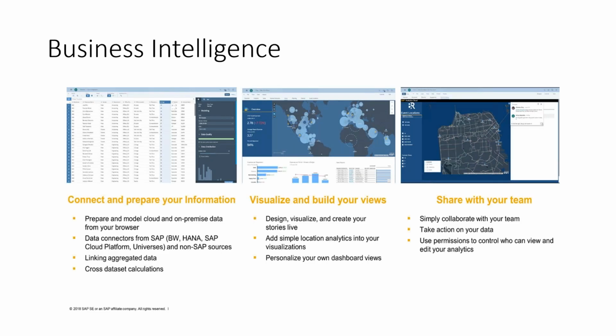In intelligence, as I already discussed, we can connect with different systems in Analytics Cloud, either using a live data connection, where we process only the metadata and create reports, in the sense of stories, on top of this model, or an acquired data connection.